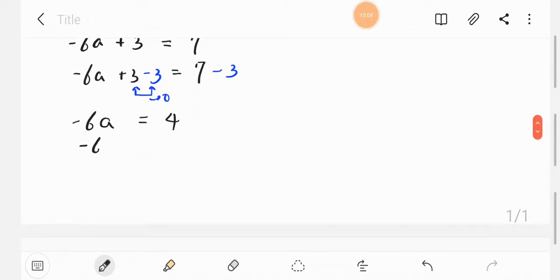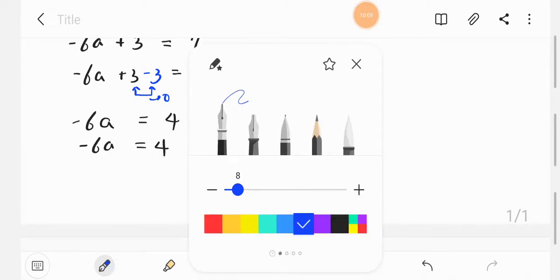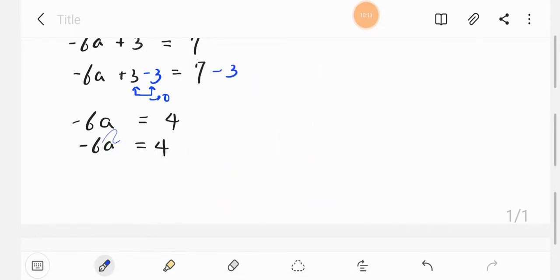Alright, then the next step is what? The left hand side is negative 6 times a, right? So let's make this negative 6 to 1. How? If you have the same number in the denominator, then you can cross this out, right?